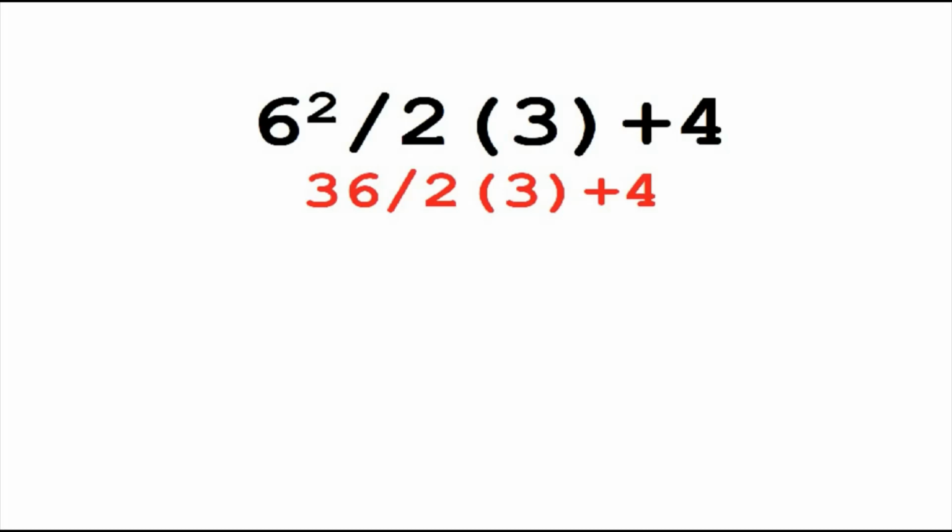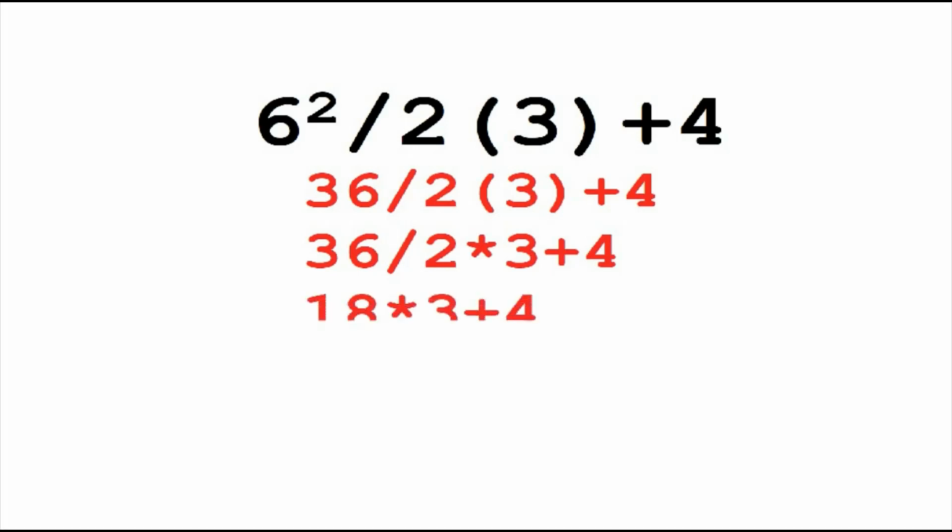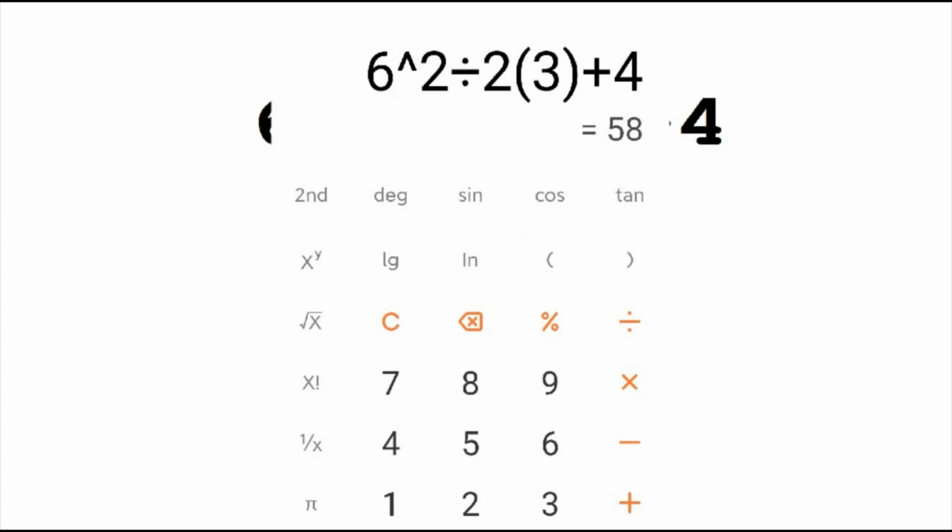So we will rewrite it as 2 multiplied by 3. Now it is clear what we do next. 36 divided by 2 is 18. 18 multiplied by 3 is 54. 54 plus 4 is 58, and that is our answer. The calculator says the same. Now the next problem.